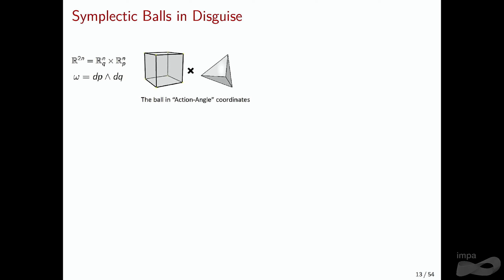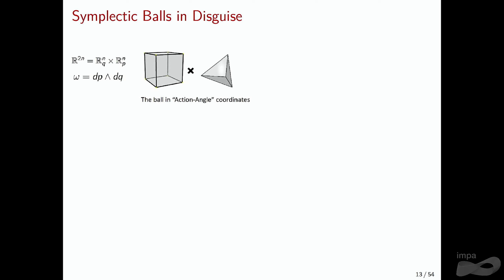Here is the first example. If you take the cube times the simplex, then this is a symplectic ball. It is not super hard to prove. For example, if you are familiar with action-angle coordinates and the Arnold-Liouville theorem, then this is essentially the image of the ball under these action-angle coordinates. It's just a cube times a simplex. This is the first example of a symplectic image of the ball that was known for a long time.